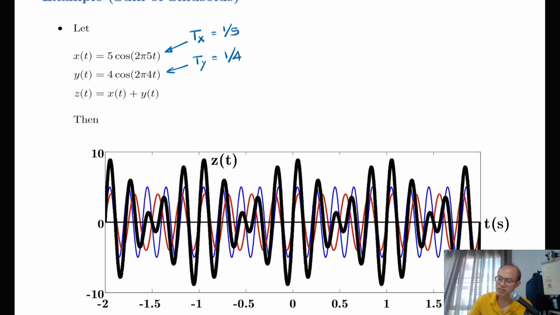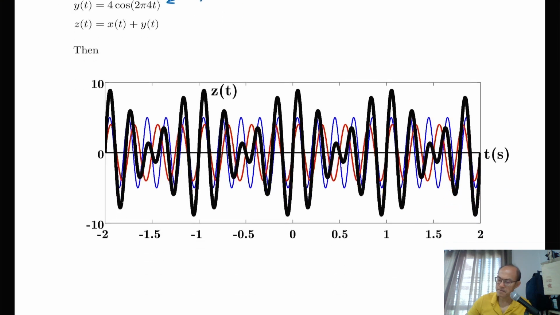Sometimes when you add two sinusoidals together, it might be easier to use trigonometric identities.